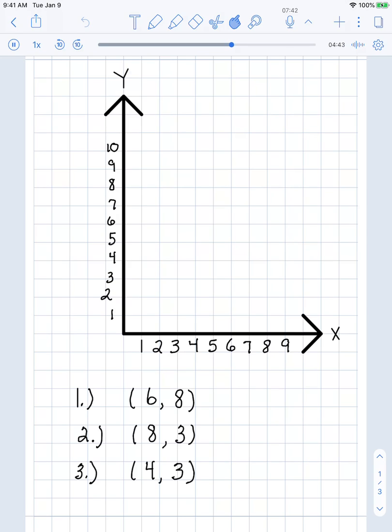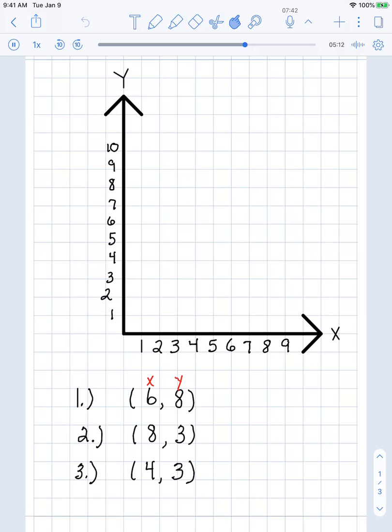I want to remind you that, again, the first number in the coordinate pair is always how many lines you go over, and then the second one tells you how many lines to go up. In other words, it's how many lines over on the x-axis and then how many lines up on that y-axis. All right, so now I want to find the coordinates for 6, 8.